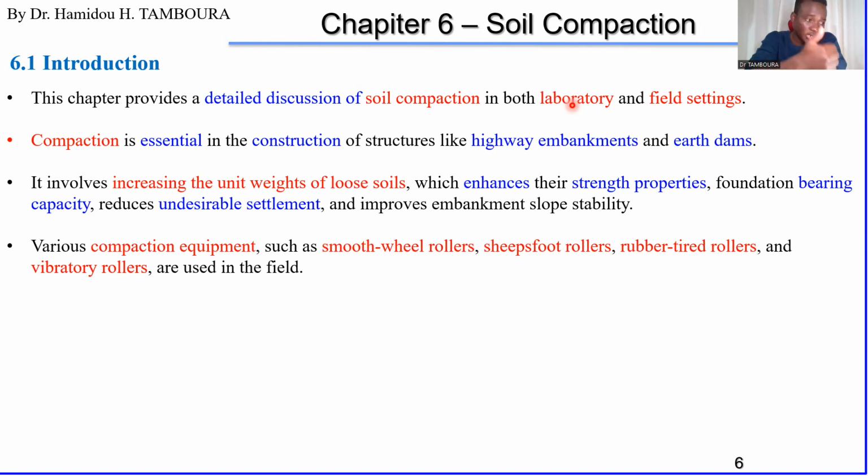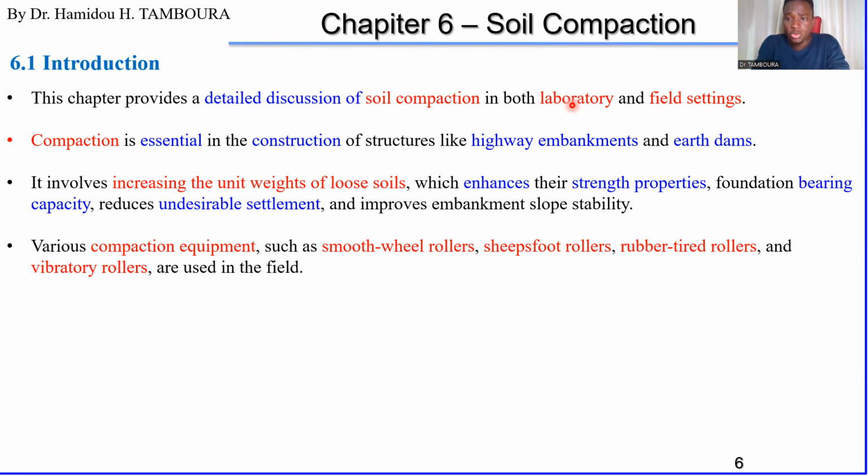Because based on the result of the lab test, we will try to put the soil in the condition to obtain a very good compaction. You will see that there are several conditions that need to be covered to achieve a very good compaction.